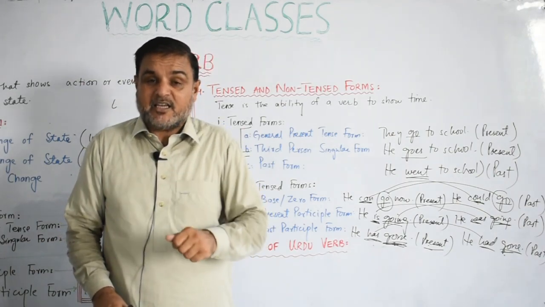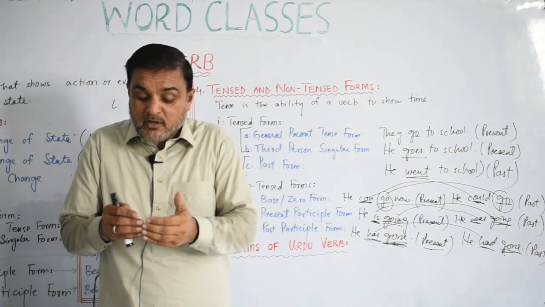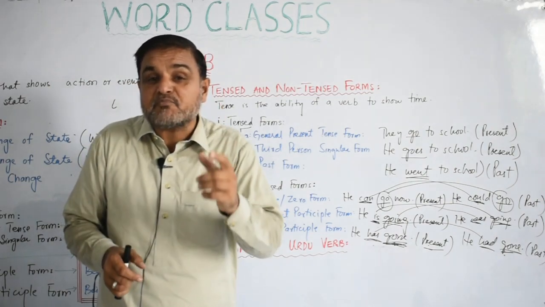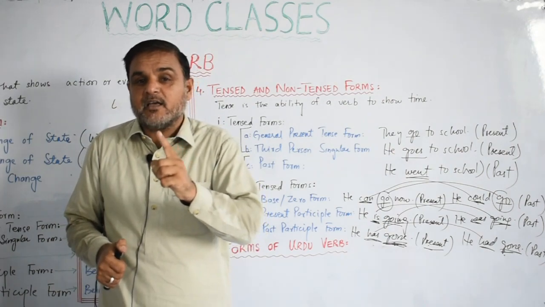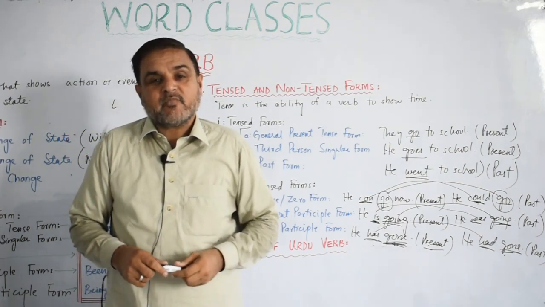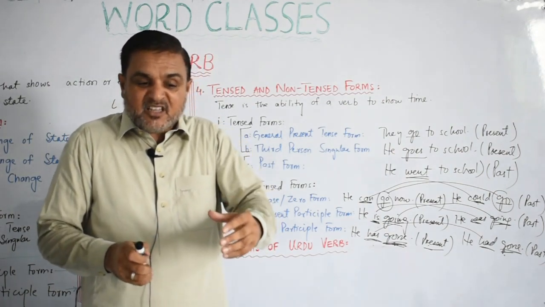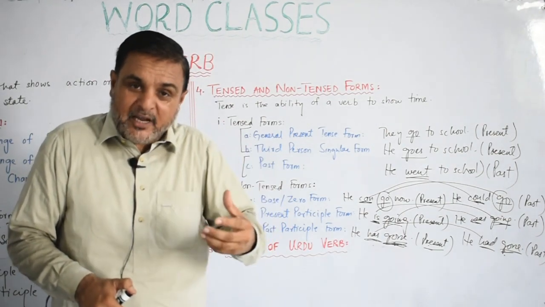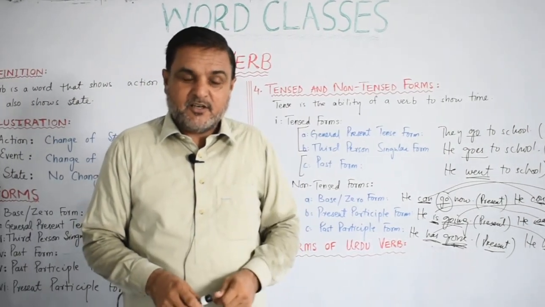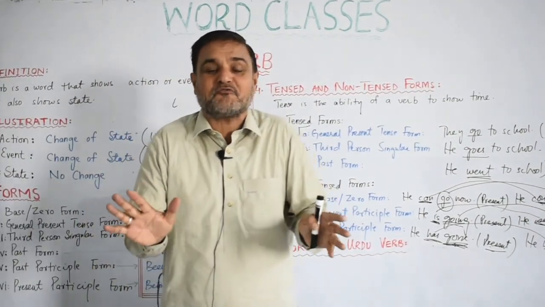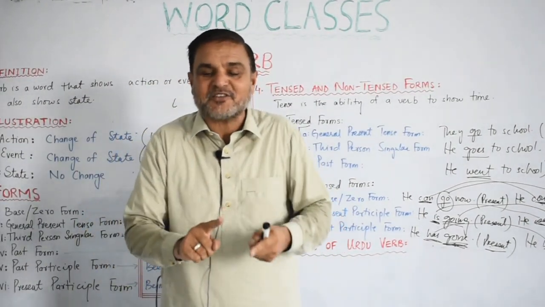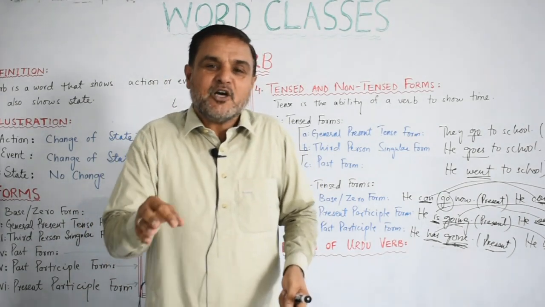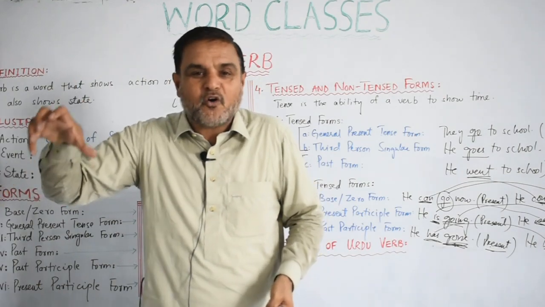But remember one thing, when you talk about learning languages, Urdu language is more difficult to learn as compared to English language because there is more complexity in Urdu language than in English language. This is the reason why there are 14 forms of Urdu verb, and this is the reason why English speakers always find it difficult to have a good command of Urdu verbs.